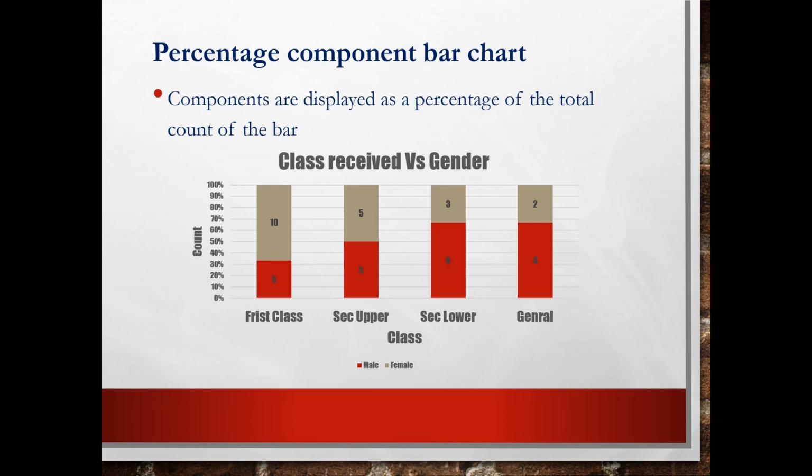That means, the other way around, females are doing better than males when you consider their percentages. So after drawing a graph, you have to comment and make an interpretation as to what this graph is telling you about the association between these two variables.